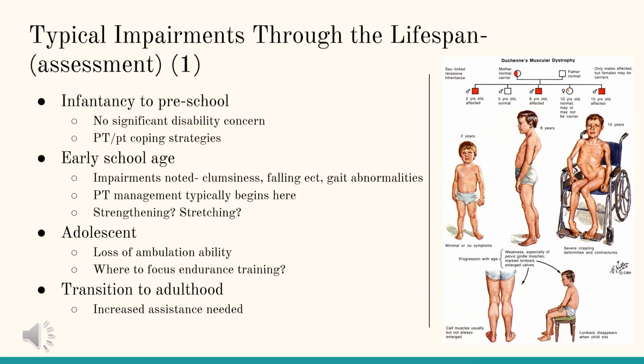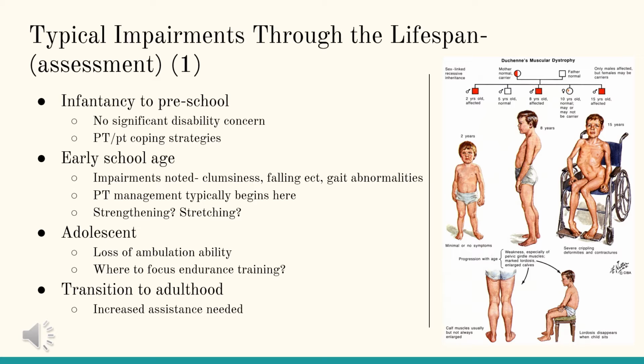Typical impairments throughout the lifespan of a child with Duchenne's muscular dystrophy, we sectioned off into 4 different stages of their life: infancy to preschool, early school age, adolescence, and then their transition into adulthood. For infancy to preschool, there's not really any significant disability concerns here.